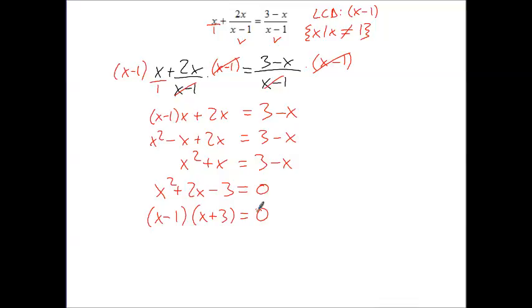So our solutions are supposed to be x is equal to positive 1 or negative 3. Let's check with our domain restrictions. X cannot be positive 1, so this solution doesn't work out. The only workable solution is x is equal to negative 3.